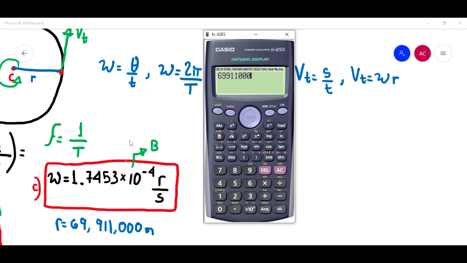The angular velocity is saved in my memory B, so alpha B. Boom. And the value that I'm going to find is the tangential velocity in meters per second. Let's see how much is that.